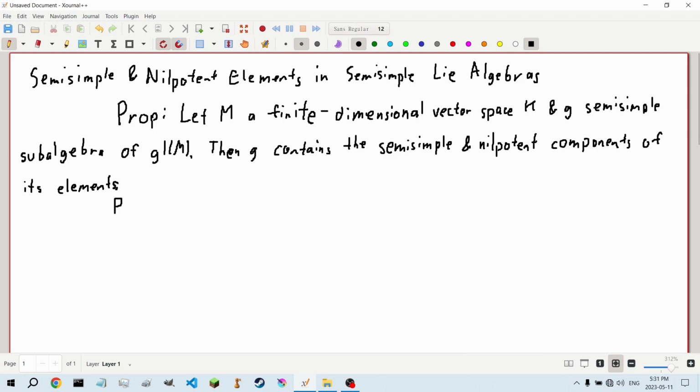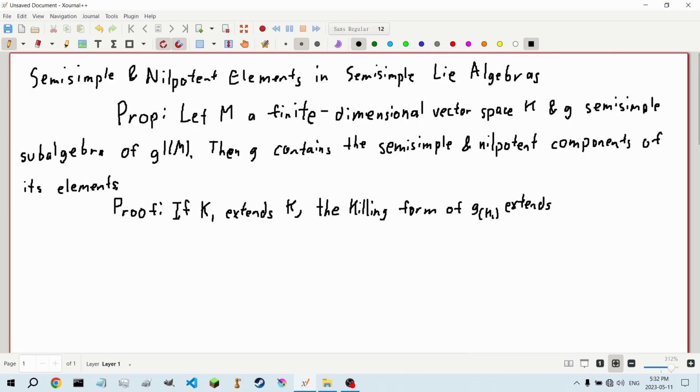And what's our proof? We saw before, if K1 extends K in the classic Bourbaki manner, then the Killing form of G1, the extension of G, GK1, is the extension to GK1 of that of G, and hence is non-degenerate.